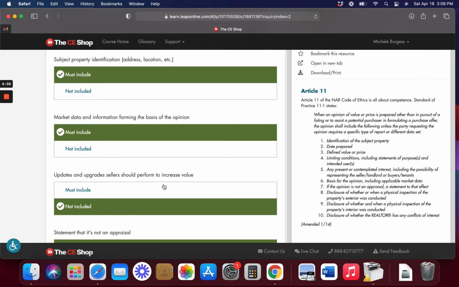Include disclosure that an inspection of the property's exterior was conducted. This does not mean that you are a home inspector, because you're not. You should recommend a home inspector, which is a whole other job that I might do one of my little videos on. It's a good job to do.